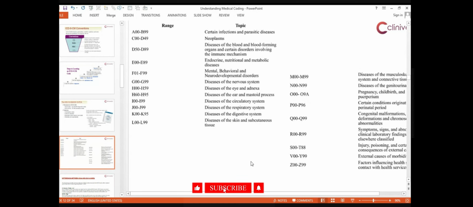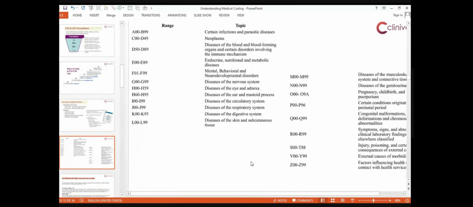So that is how different chapters are there, under which you will find ranges of codes belonging to a certain topic.